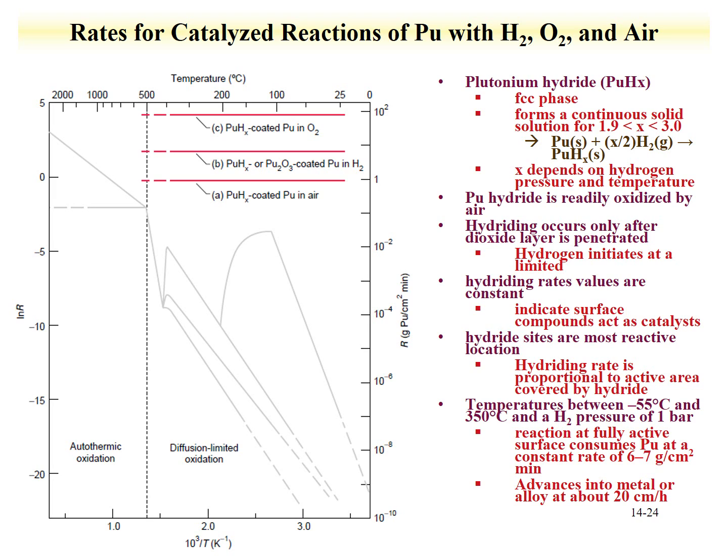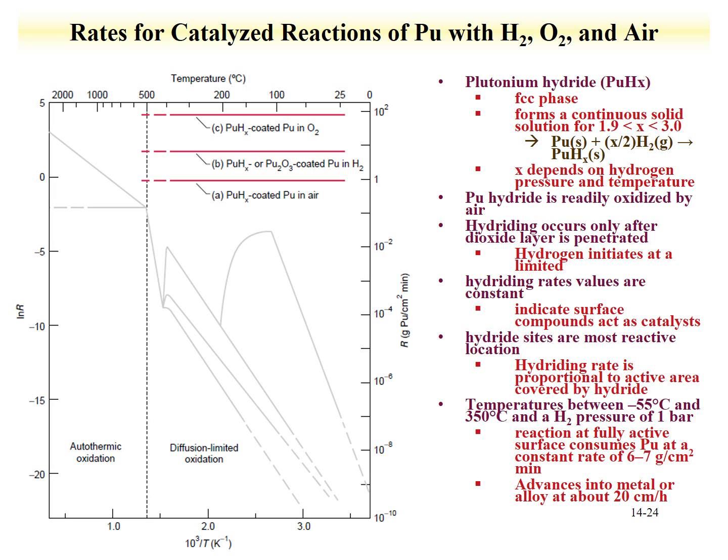So the hydride, it's not a true catalyst. It is fundamentally destroyed, but then the hydrogen migrates and then reforms the hydride layer. We'll talk about that in the next slide. And obviously, from these rates, we see that these are the most reactive locations. In fact, at temperatures between -55 Celsius and 350 Celsius and a hydrogen atmosphere of 1 bar, the reaction is fully active.